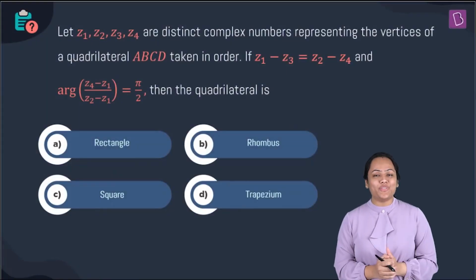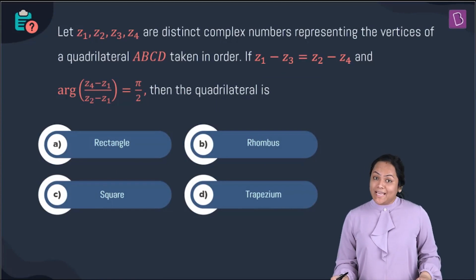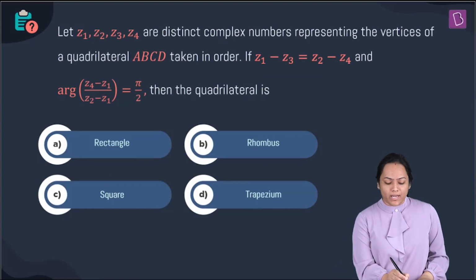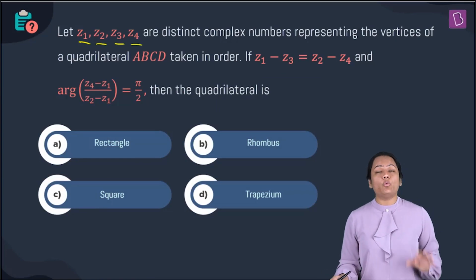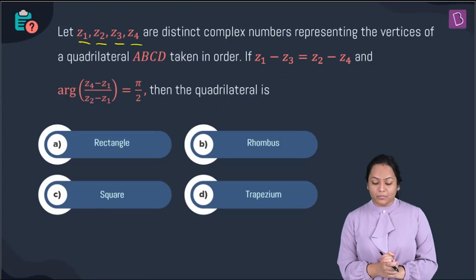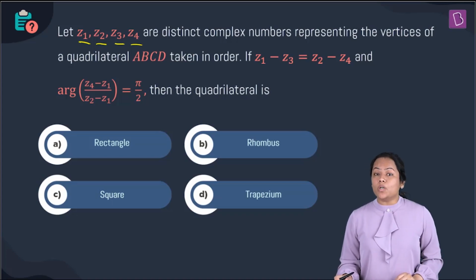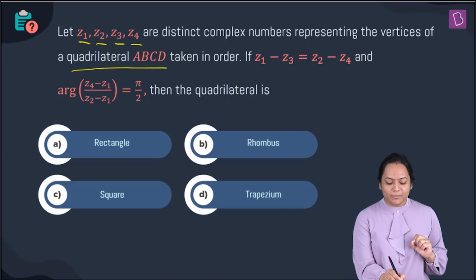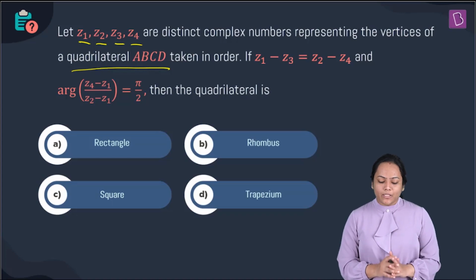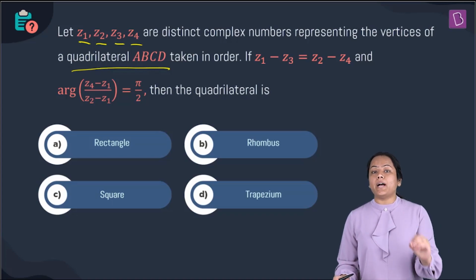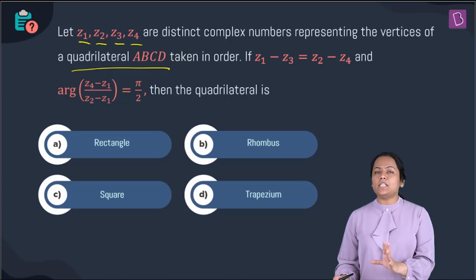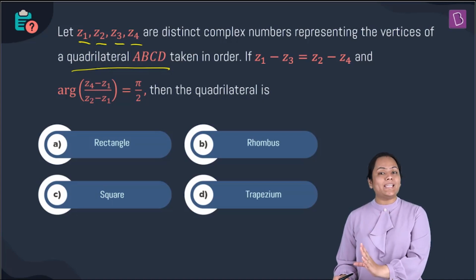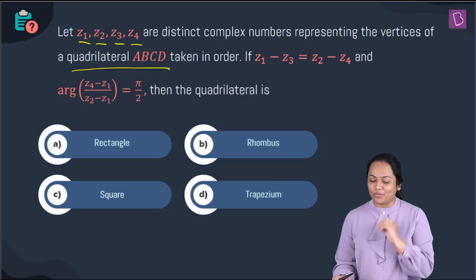Well, moving further, let's see what they have said here. Let Z1, Z2, Z3 and Z4 be four distinct complex numbers which are representing vertices of a quadrilateral ABCD in order. That means A is represented by complex number Z1, B by Z2, C by Z3 and D by Z4.